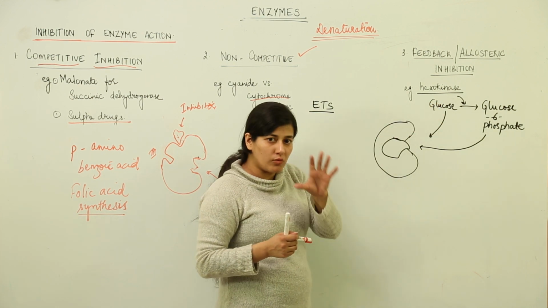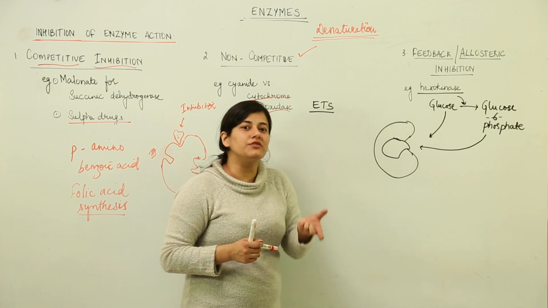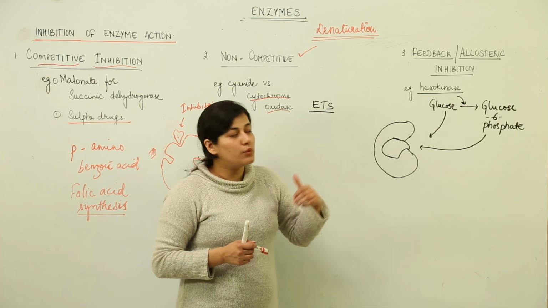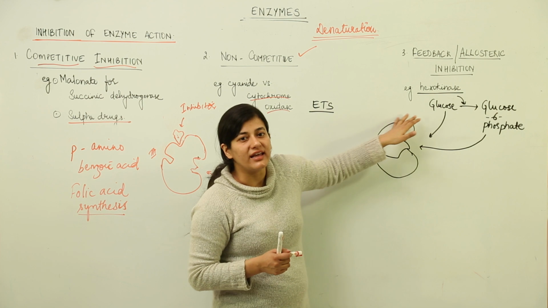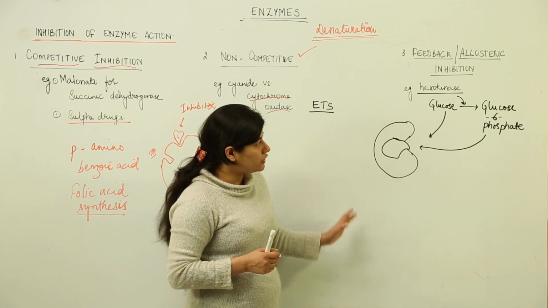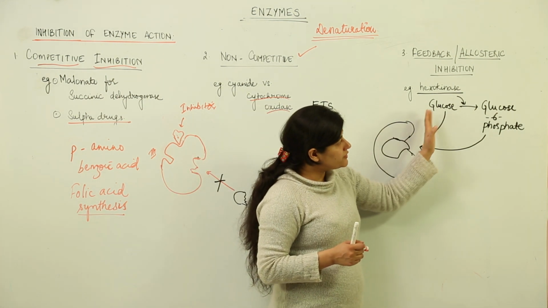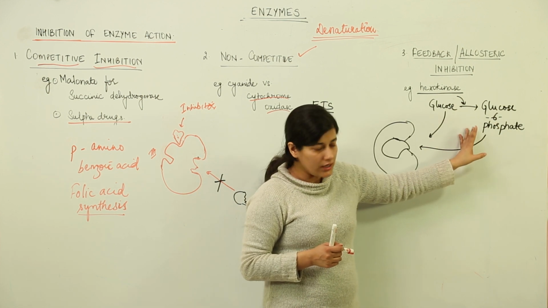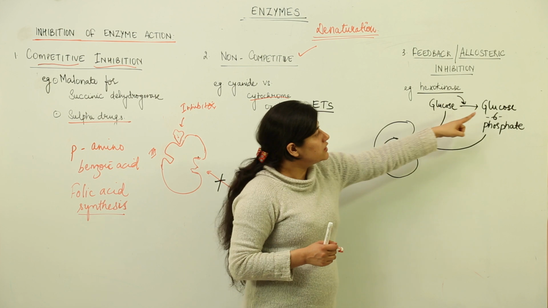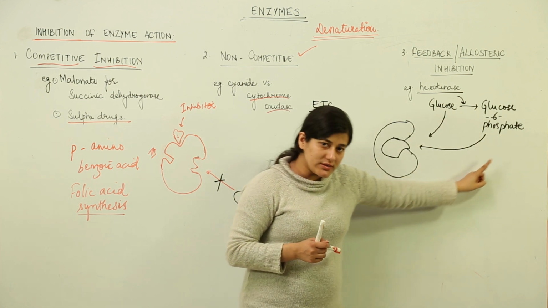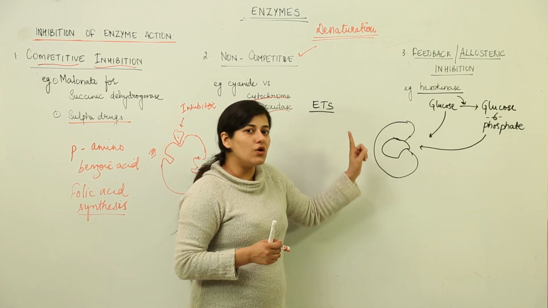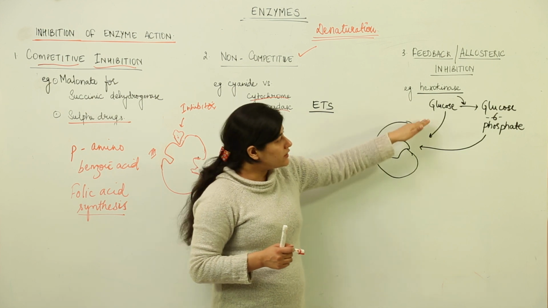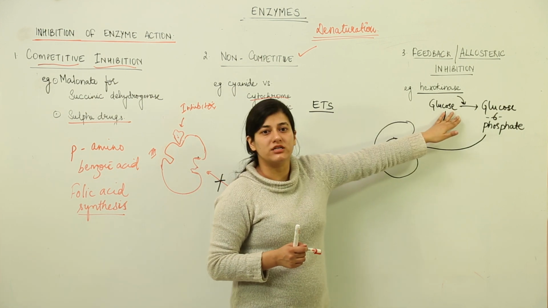That low molecular compound is a result of the metabolic process itself, which is taking place in the presence of that enzyme. Like I gave you the example of glycolysis, glucose breaks down to glucose 6-phosphate in the presence of hexokinase only, but later on this glucose 6-phosphate goes and combines with hexokinase in order to stop its activity so that no further glucose breakdown takes place.